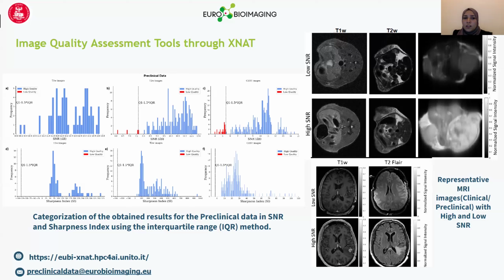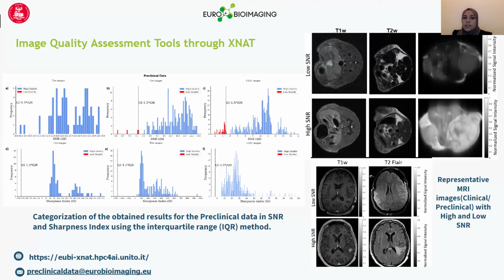We tested on clinical MRI datasets of 72 subjects, including brain and breast images with T1, T2, and T2 FLAIR, and 72 preclinical MRI subjects with T1, T2, and chemical exchange saturation transfer MRI.